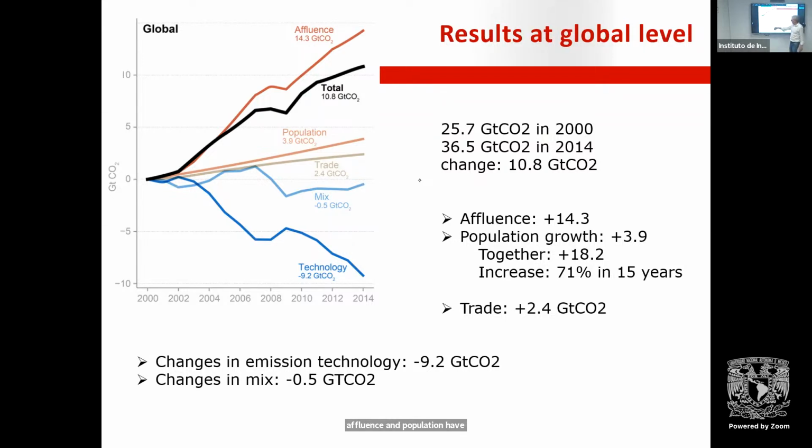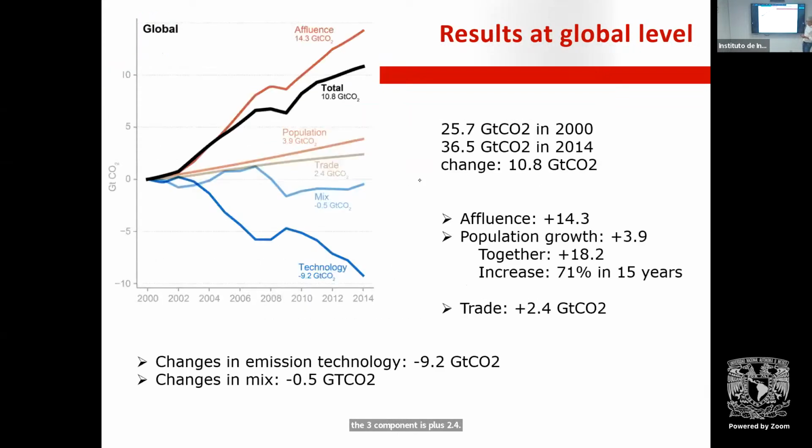We're very happy to report that, again, technology has improved quite a bit, and happy about that because that decreased the global emissions by 9.2 gigatons. Changes in the mix were almost negligible, and the trade component is plus 2.4 gigatons. Recall, I think that's on the next slide.